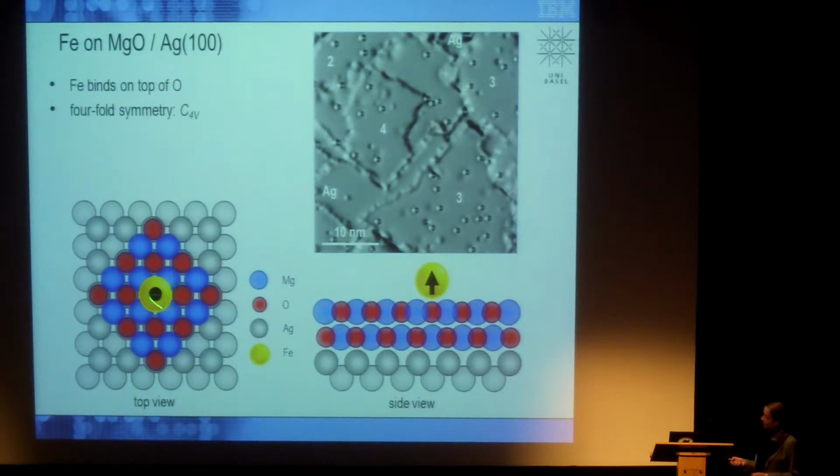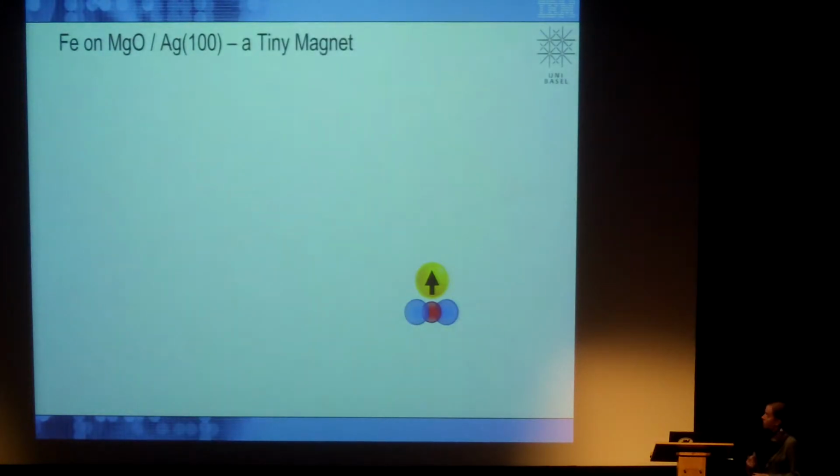The iron atom sits on top of the oxygen atom, surrounded by 4 magnesium atoms and 1 oxygen atom underneath. So it is basically in a 4-fold symmetric environment. Now, atoms on a surface are basically like tiny magnets.